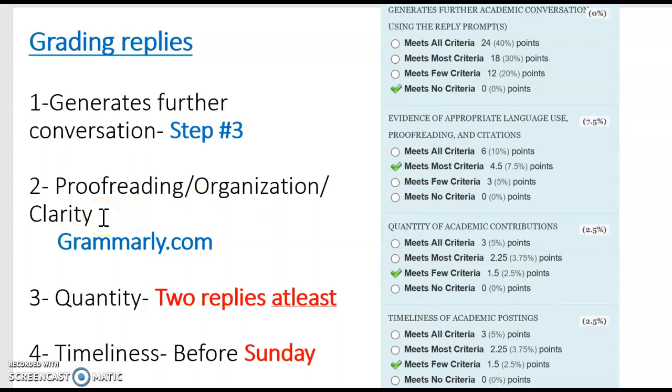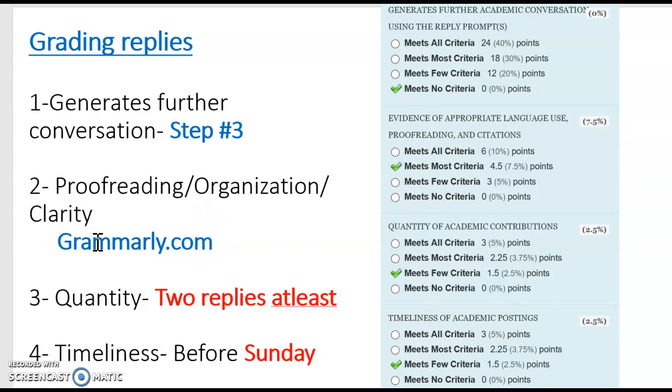If I read something that does not make any sense to me, that means you're losing points on clarity. So clarity is basically having a good concept of what you wrote, and make sure you read it too, just to see if it's making sense to you or not, and if you have the correct grammar, spelling, your periods, your commas all in place, because you do lose points if any one of them is missing.